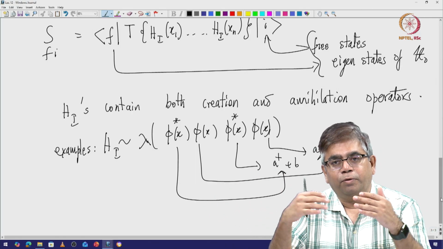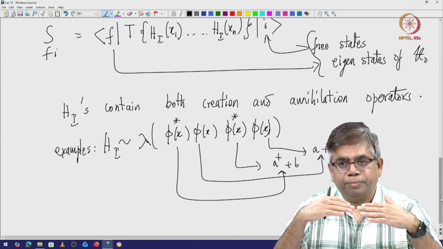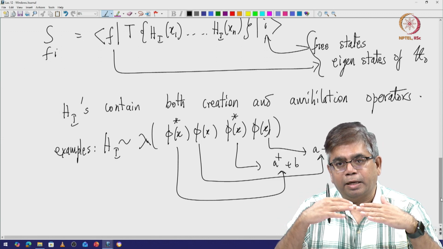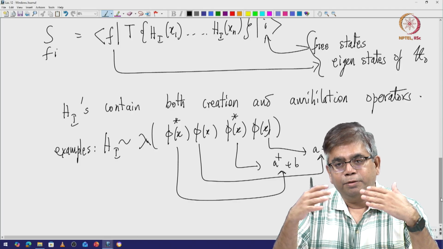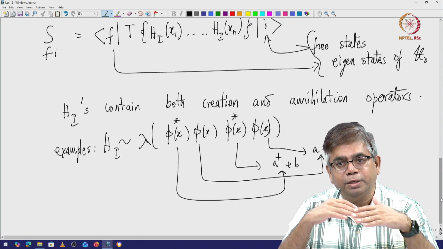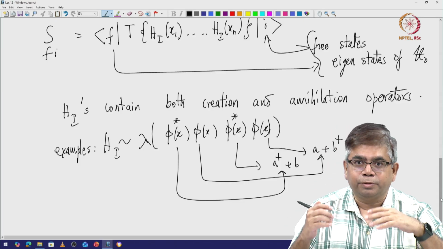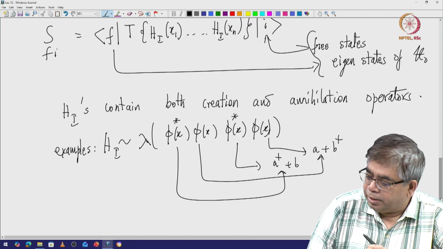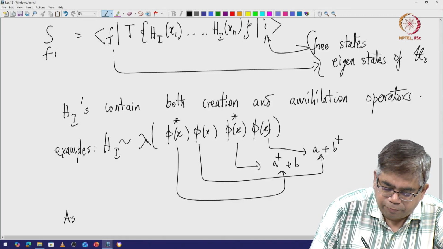We don't want the vacuum expectation of this state to be non-zero, we want to set it to 0 essentially. So it makes our life easier.